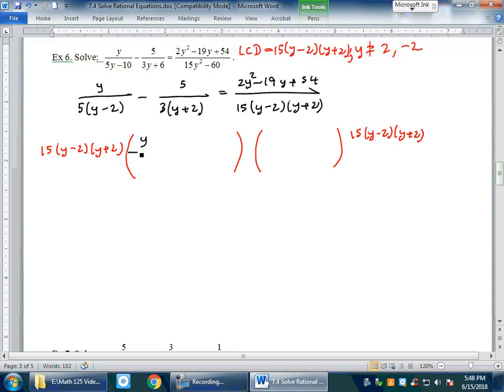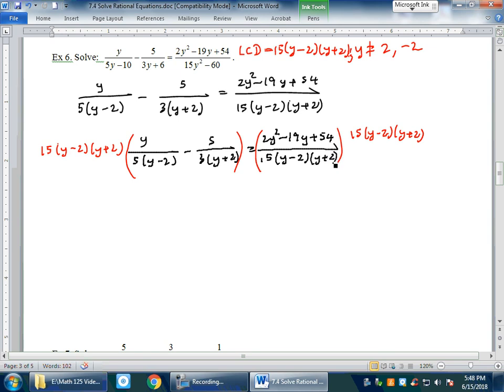So y over 5 times y minus 2 minus 5 over 3 times y plus 2 equals 2y squared minus 19y plus 54 over 15 times y minus 2 times y plus 2.